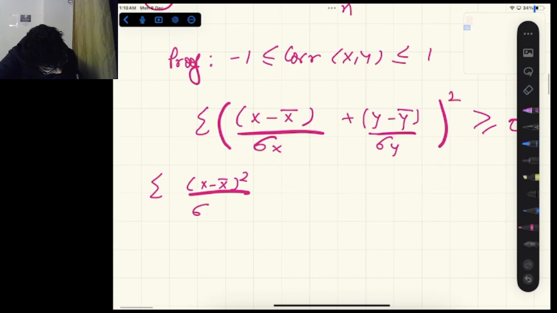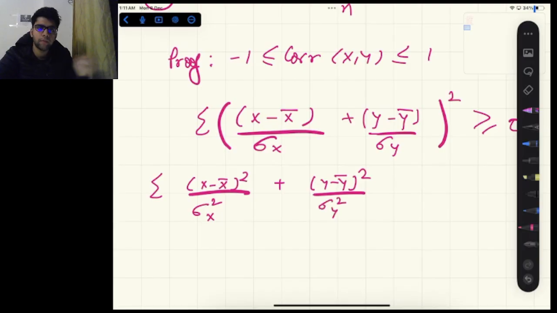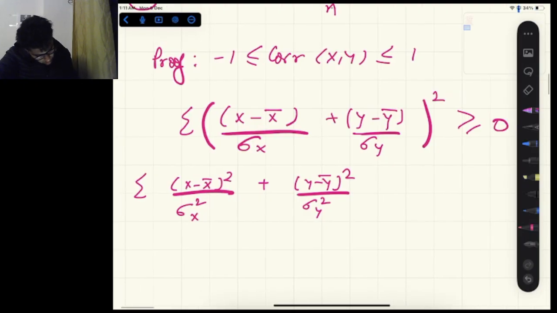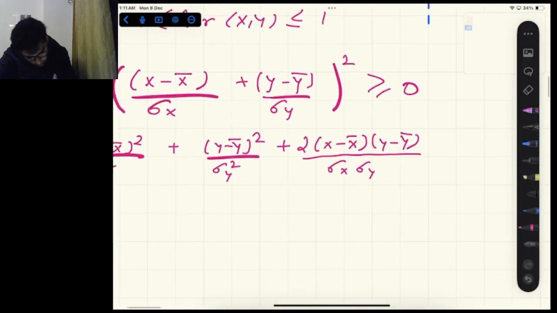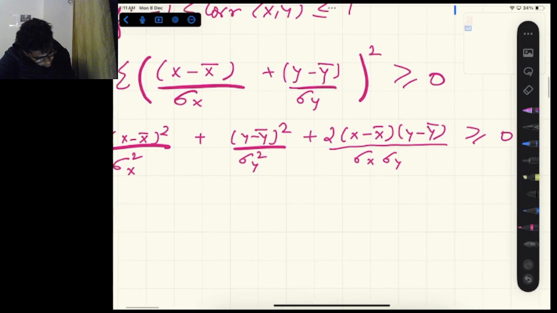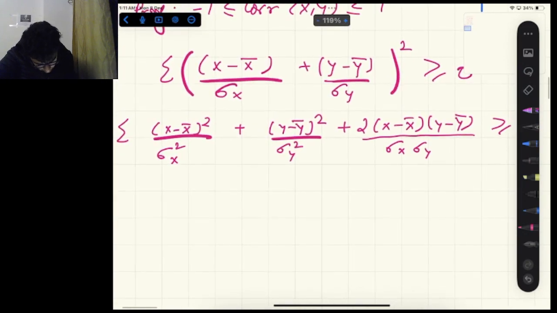And y minus y bar whole square over sigma y whole square. Here I'm just applying the identity: a plus b whole square is a square plus b square plus 2ab. So now I get a 2ab term, which is 2 into x minus x bar into y minus y bar divided by sigma x sigma y, and this whole term is greater than or equal to 0, right?